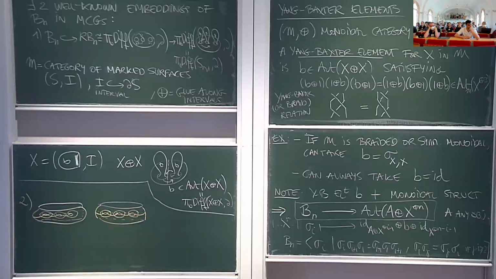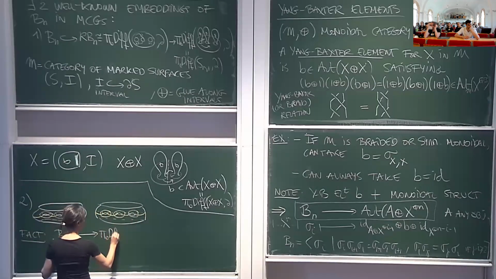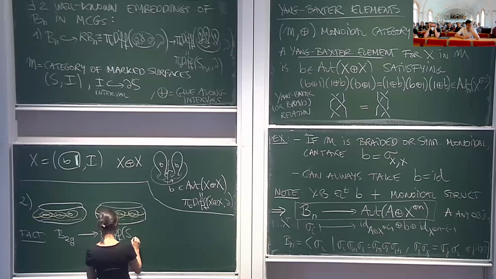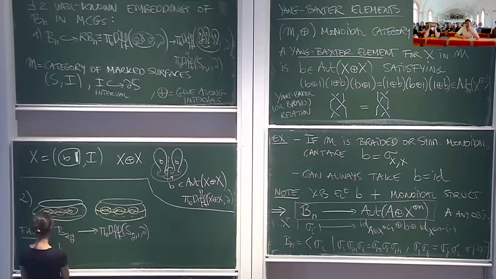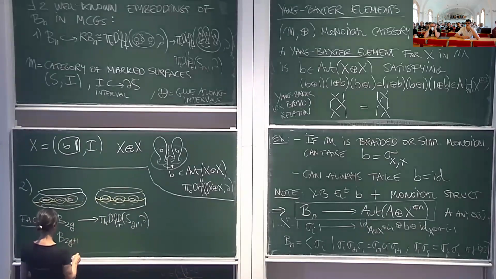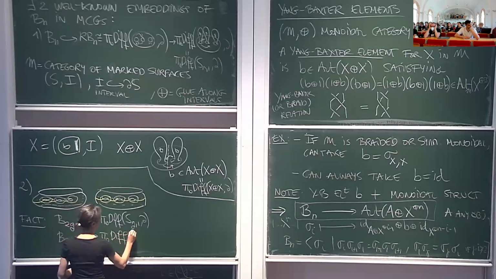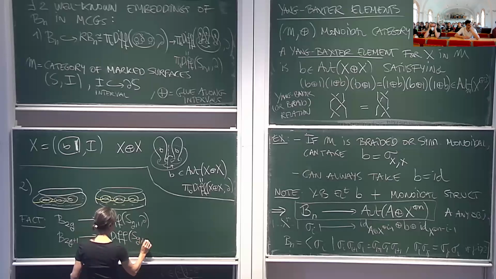Here's a fact: you can map B_{2g} to the mapping class group pi naught Diff of S_{g,1}, with the boundary if you want, and B_{2g+1} into pi naught Diff of S_{g,2}, with boundary.